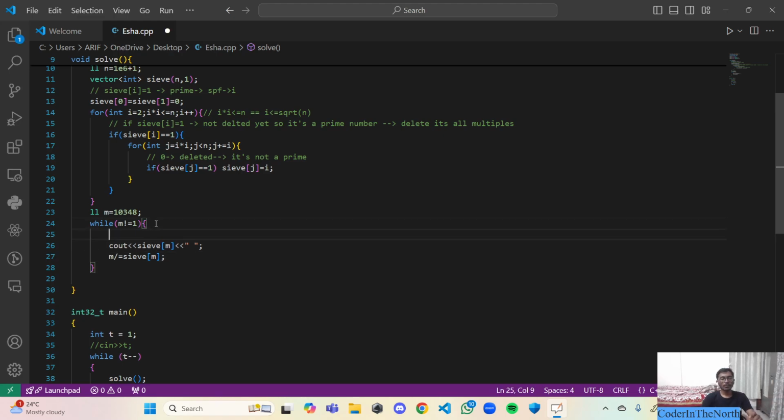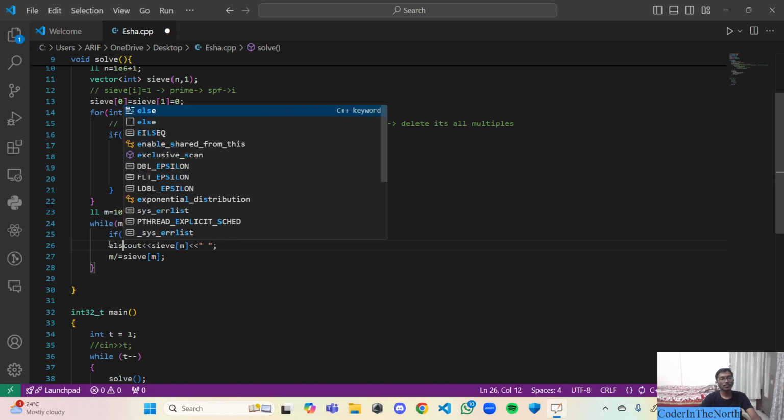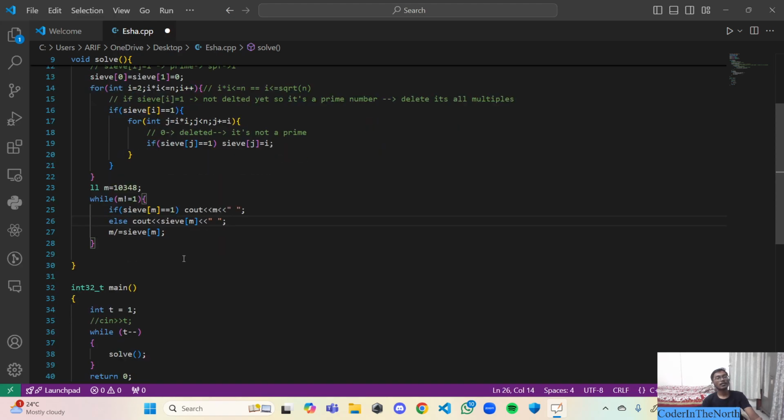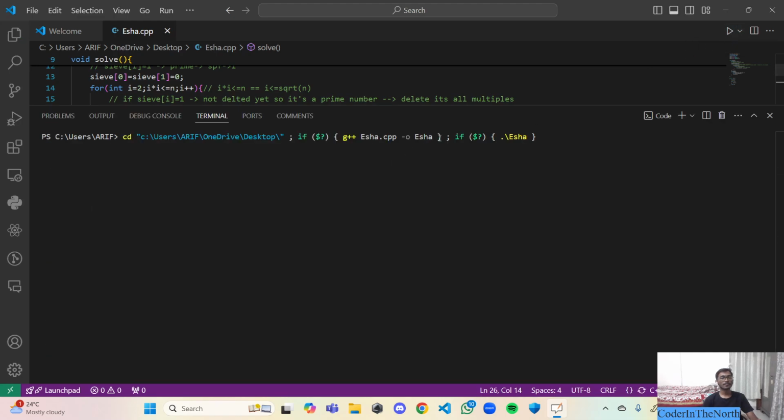So if sieve of m equals 1, cout m, and else it will be sieve of m. Let's run this code.